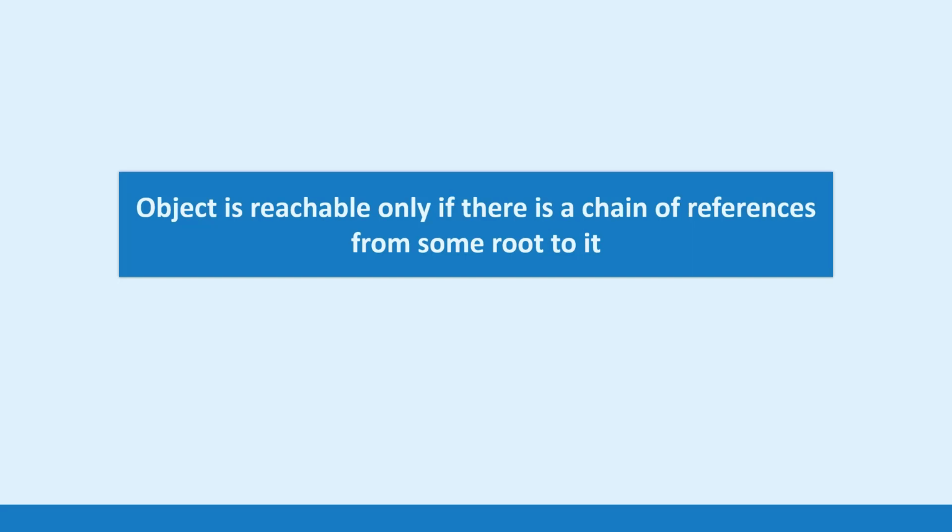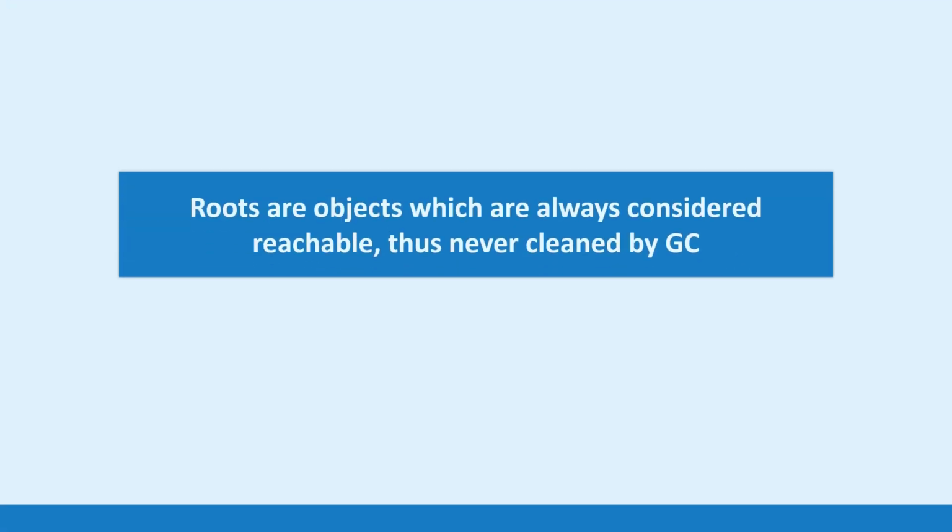And I intentionally didn't want to get into what roots are in the previous lecture. Now, however, we need to understand this concept. So roots are basically objects which are always considered reachable, and therefore they will never be cleaned by garbage collector.